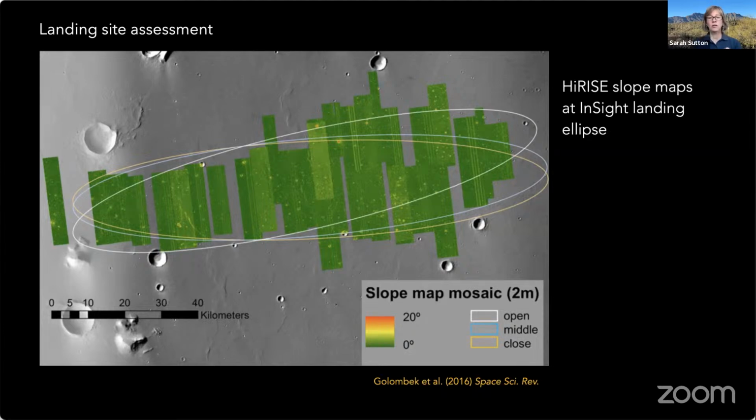And one of the first things to selecting a good landing site is to basically acquire the best data that you can over that landing site. And one of the important data sets is the topography, because you don't want to land your rover or your lander on a hazardous site that's full of boulders or full of steep slopes or other dangers.